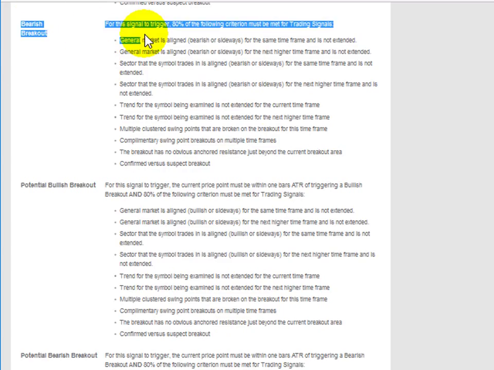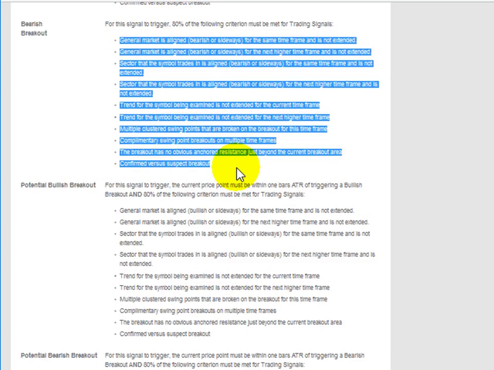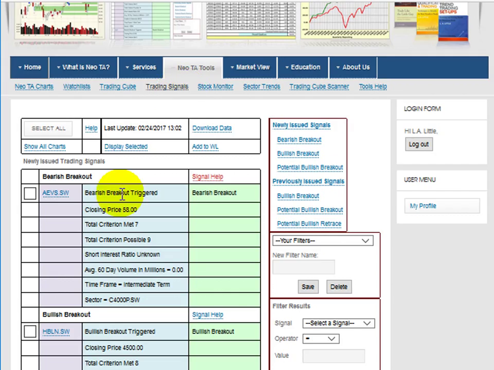And so a bearish breakout, these are the signals that have to trigger, and 80% of them have to trigger. And that's important. 80% of these things you see here have to happen for this signal to occur. And so if you don't get that 80% number, you won't see this signal. If you do, you will.